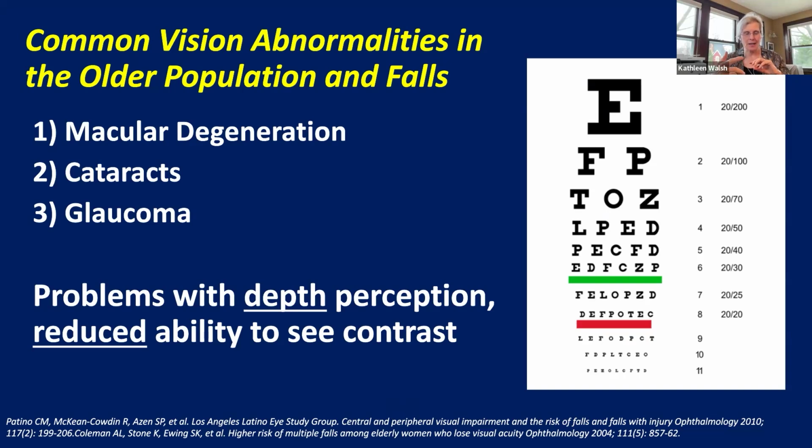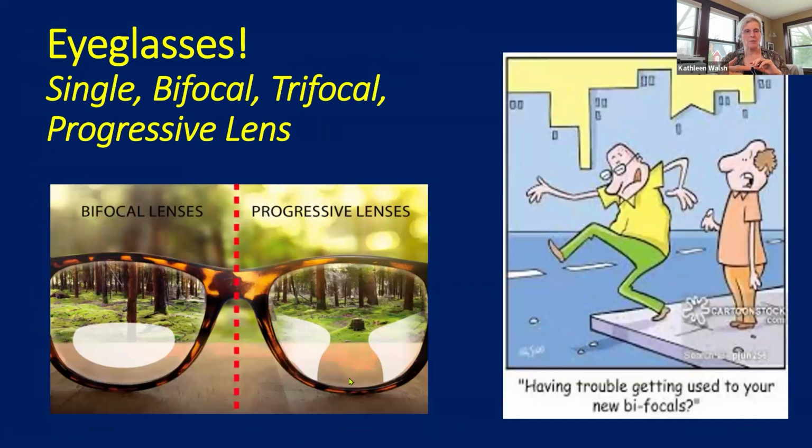If you go to the next slide, many of your patients will also be wearing glasses that are either bifocal, trifocal, or progressive lens. If they don't need these, we get them out of these glasses and usually use a single vision lens, usually medium distance so they can see the TV. If they're reading, they can lift their glasses up.